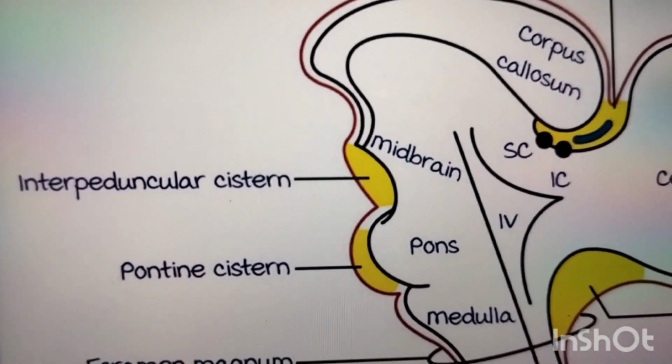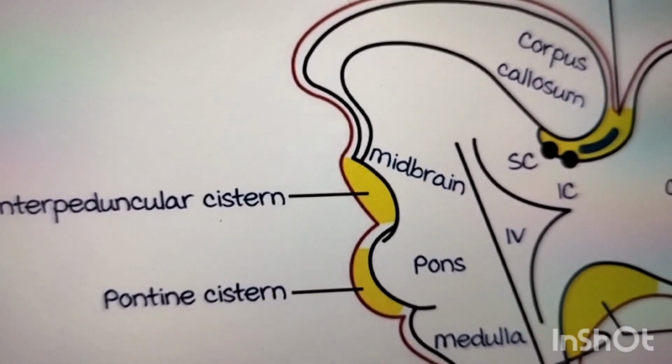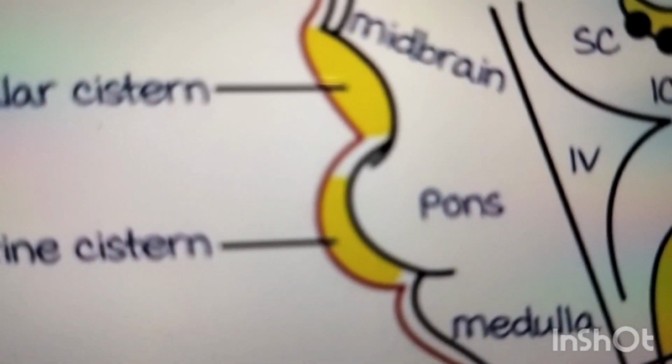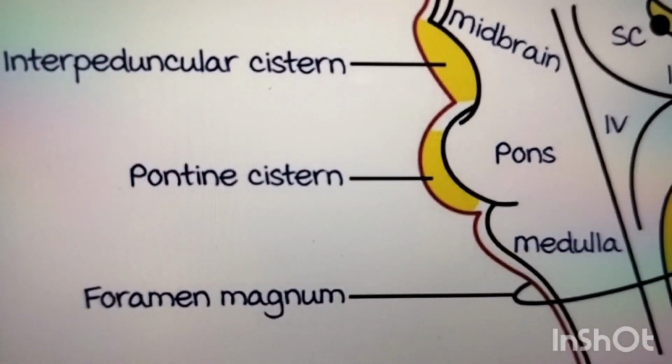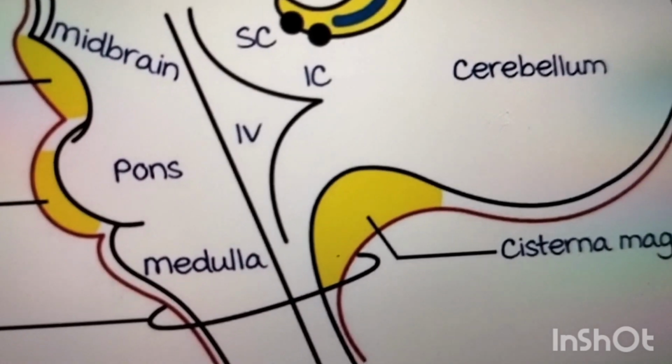Interpeduncular cistern. You are seeing that in the pons we have a cistern in front of the pons, and we have the cisterna magna.